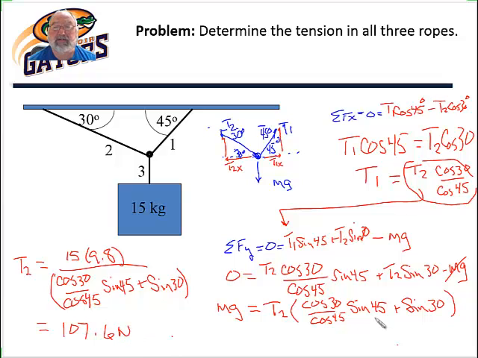Okay, now we're ready to substitute into our equation for T1 to find out what that force is. So T1 is equal to T2, which is 107.6 times cosine of 30 divided by cosine of 45.